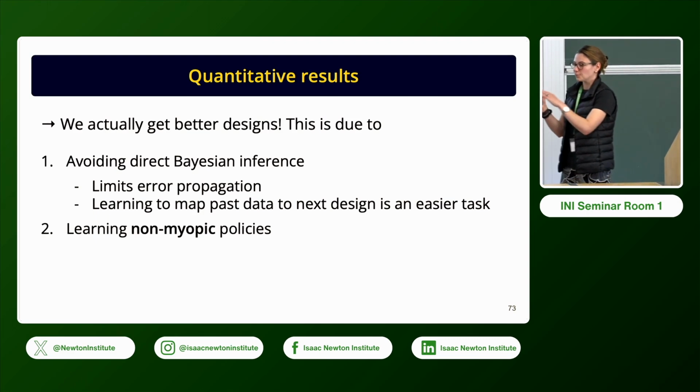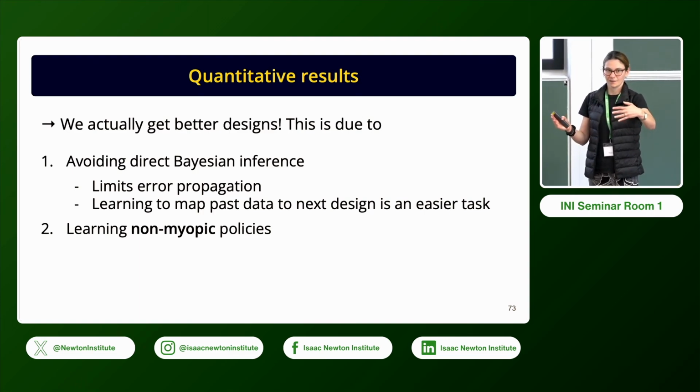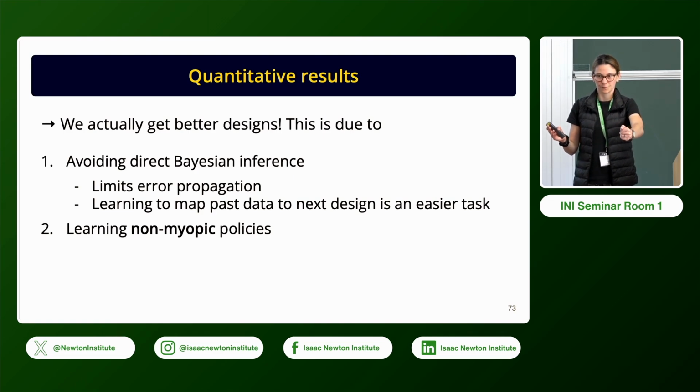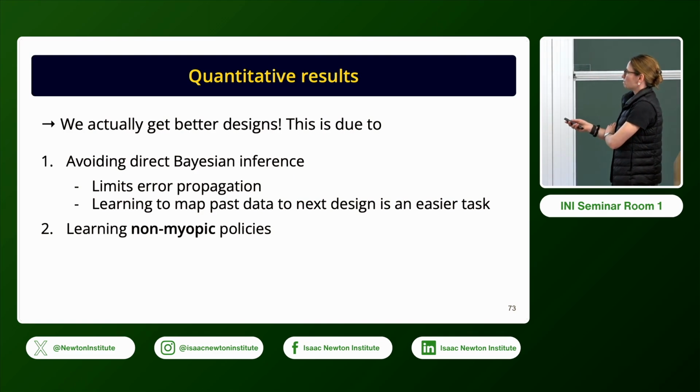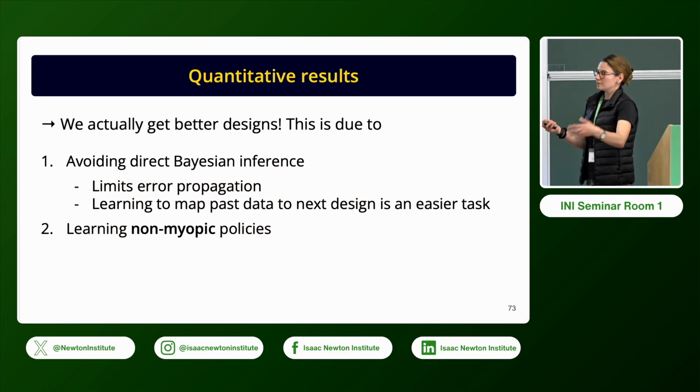And so by avoiding some of this Bayesian inference, you might be limiting the error that gets propagated through the sequence of experiments, right? And another hypothesis is that learning to map past data to future designs might be just an easier task compared to doing the two-stage procedure.